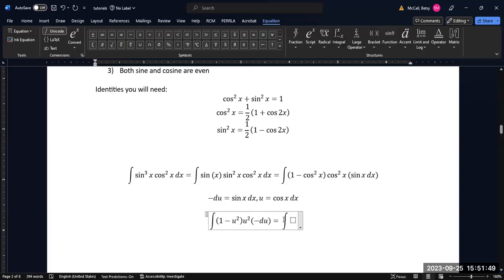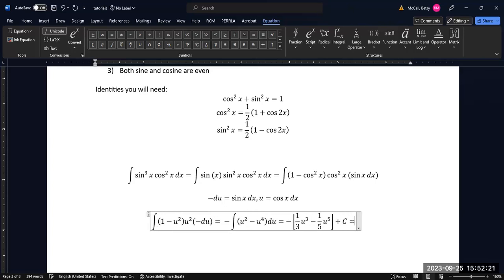I can pull my negative sign out, and I can distribute my u's, and that's going to give me u squared minus u to the fourth du, which is very easy to integrate using the power rule. So I'm going to end up with 1/3 u cubed minus 1/5 u to the fifth plus c.